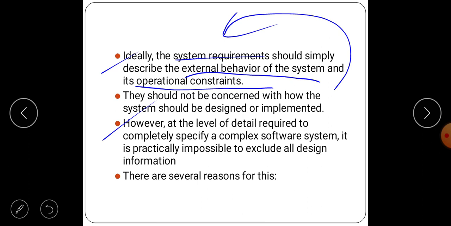Means here we cannot exclude some of the design information, because it is practically impossible to exclude all of it.